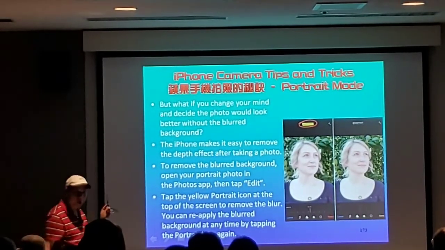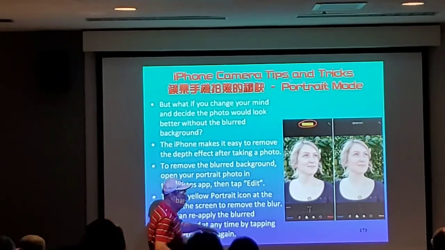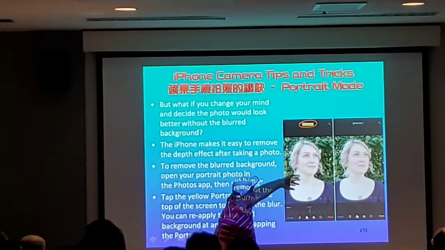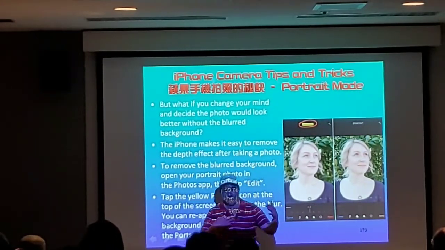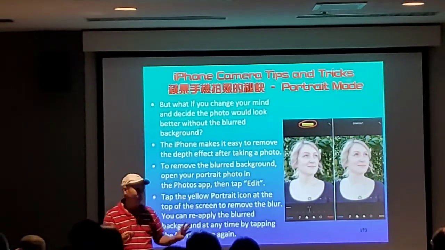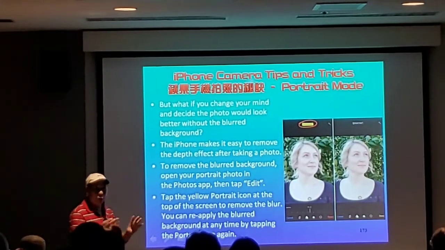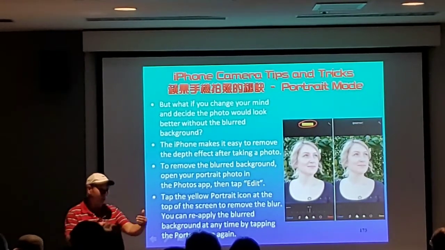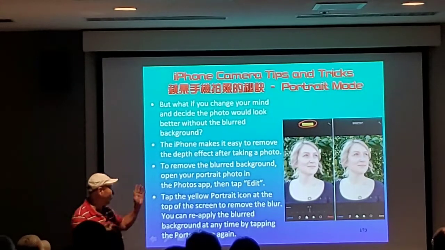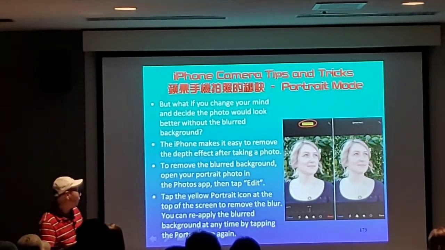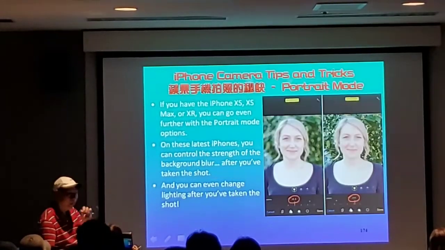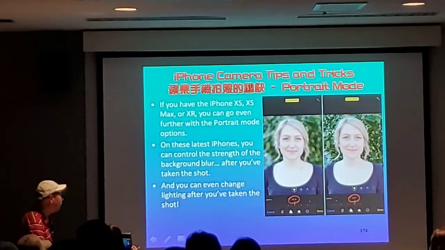When you take a picture, you just make sure the word on the screen, sometimes on top, sometimes on the bottom, if it's not in the right distance, it's in white color. When you turn it to yellow color, that means you're in the right distance, so you can take a picture and you come up with a good background. So that's simple. I think it'll tell you exactly on the screen.